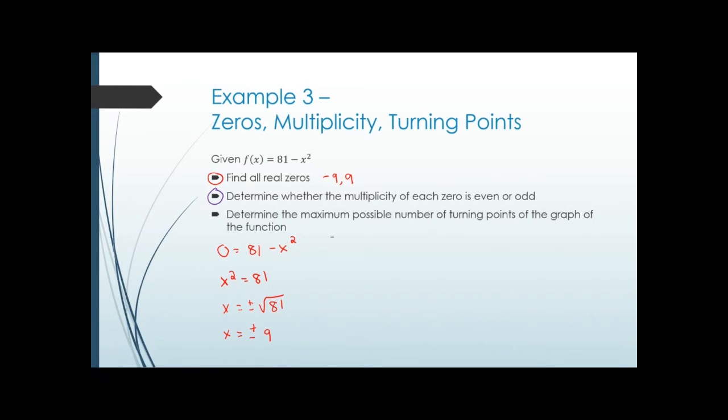Because they're listed one time each, that means they have odd multiplicity, because 1 is an odd number. What this means if we were to graph this is that the graph would go through these points on the x-axis. It wouldn't bounce off of them.